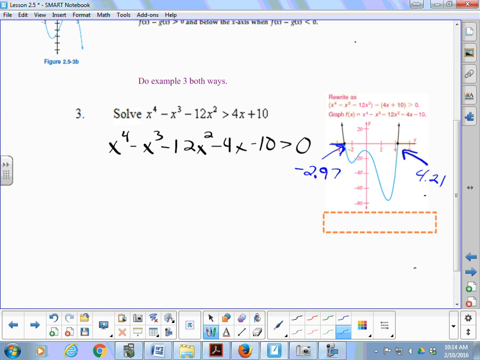Okay, so x is less than negative 2.97, or because we're going opposite directions, x is greater than 4.21. So on a number line, we would have open dots, arrow to the left, open dot, arrow to the right.